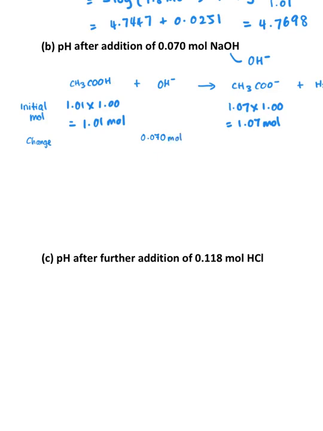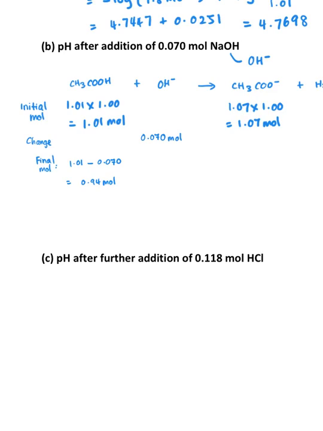Okay, so now we can find out the final number of moles. For acetic acid, initially you have 1.01 moles, but 0.07 moles has reacted with OH minus because it reacts in a 1:1 mole ratio. So now we have 0.94 moles.